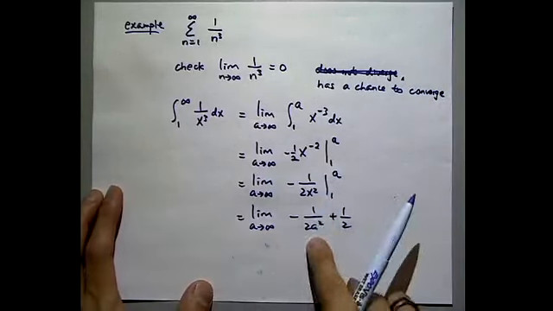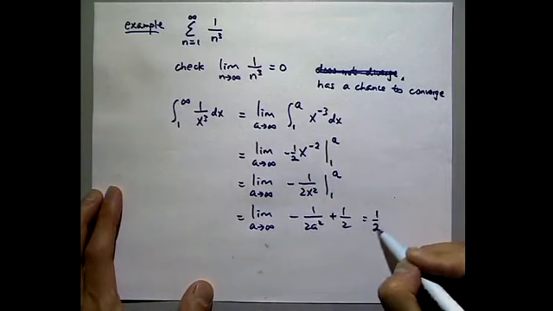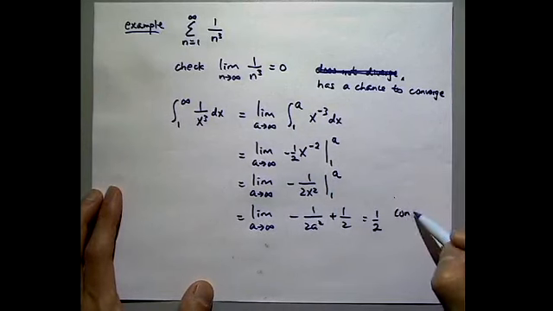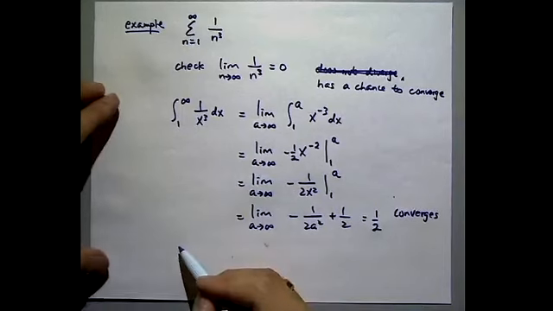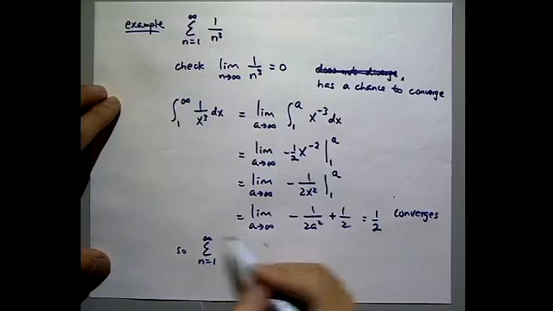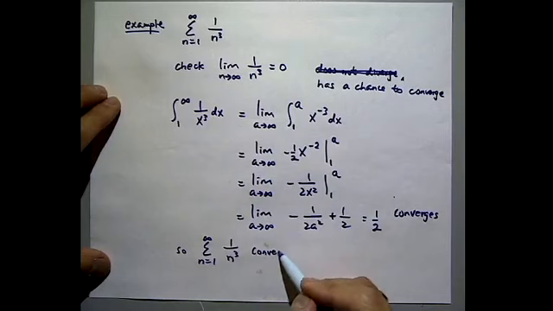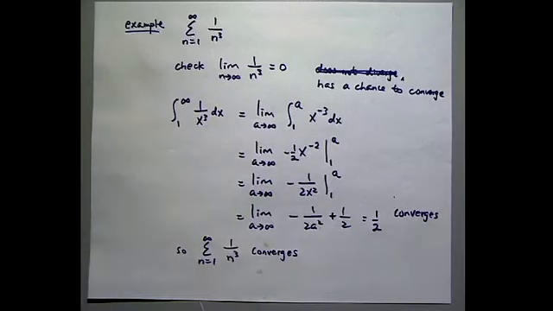And when a becomes large, this first term goes away, and we get a 1/2. Okay, so the improper integral converges. Therefore, the series converges.